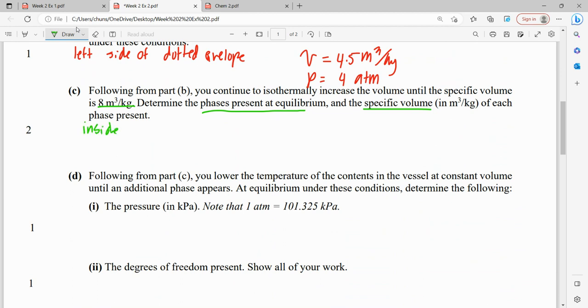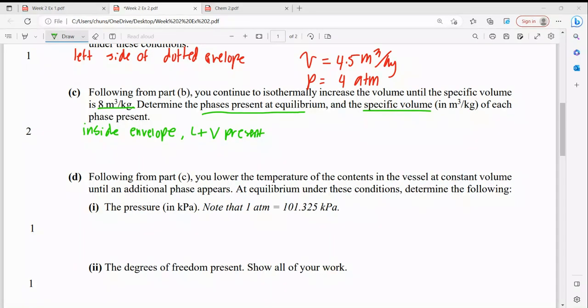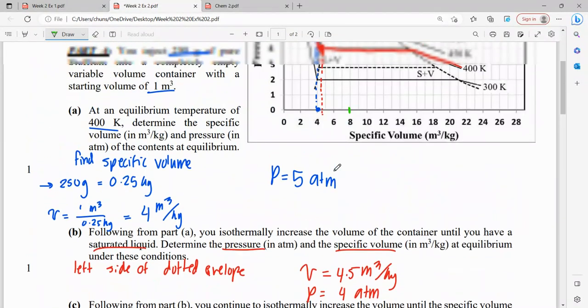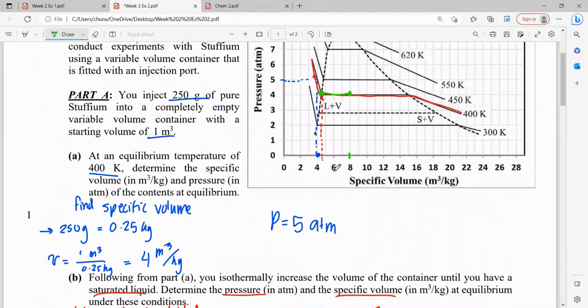So inside the envelope, we have liquid and vapor present. And we want the specific volume of each phase present. So basically, we just want to read until we have saturated liquid or saturated vapor. So that means we are going to also read to the other end of our dotted envelope.